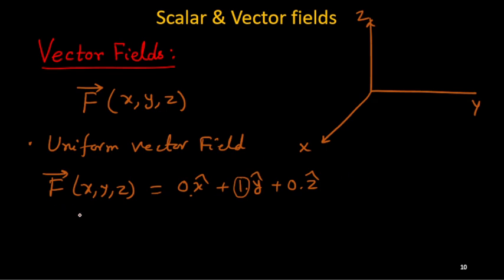Now I have said that this vector field f is along y direction, this direction. Now at x equals 0, the value is 1. So I'll take a different color. So here also the magnitude is, suppose I'll show it in this way. At this point, when x equals 1, then also it is 1. So everywhere this vector direction is along y.